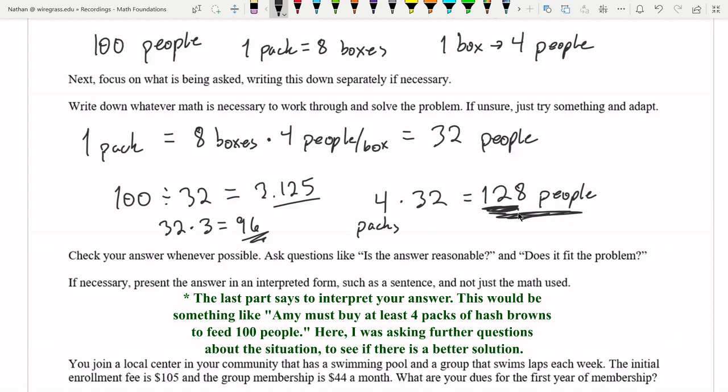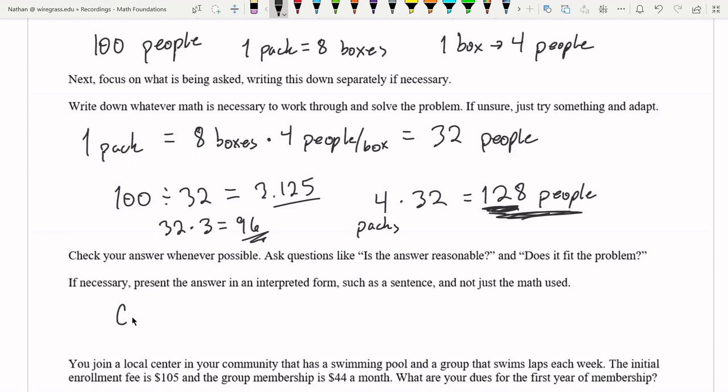So my next question would be, can I go to a different store to buy a different option, or can I buy 3 packs and find a different source for the remaining people?